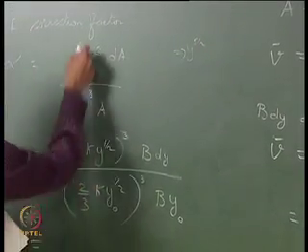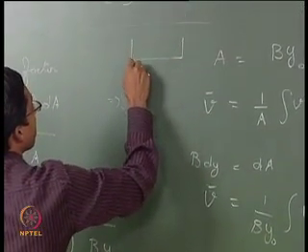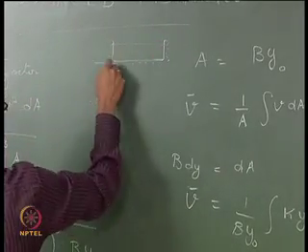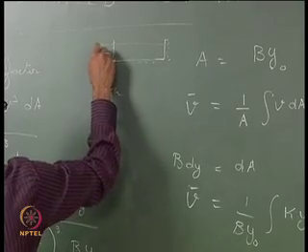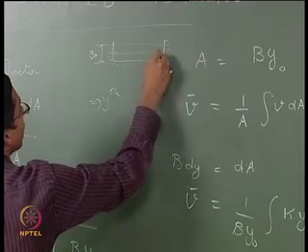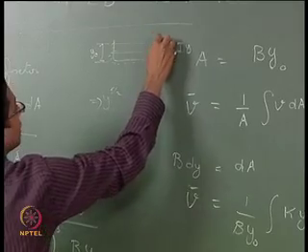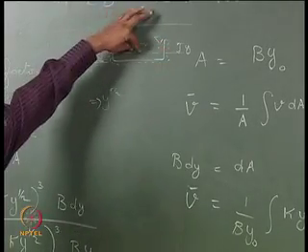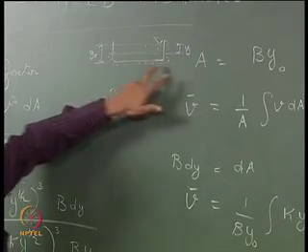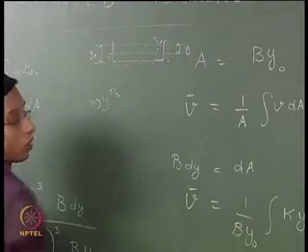And you know that for this particular channel where the depth of flow is y naught, your arbitrary variable y, that is from the bottom to any concerned point, that depth is given as y. This y ranges from 0 to y naught.